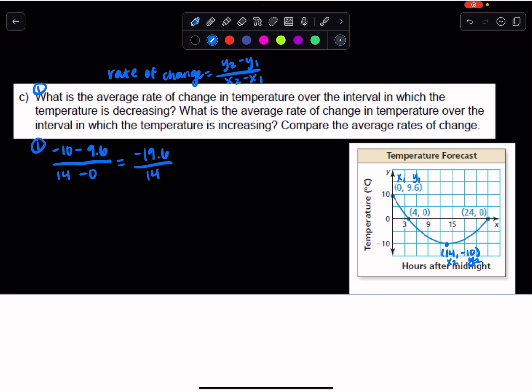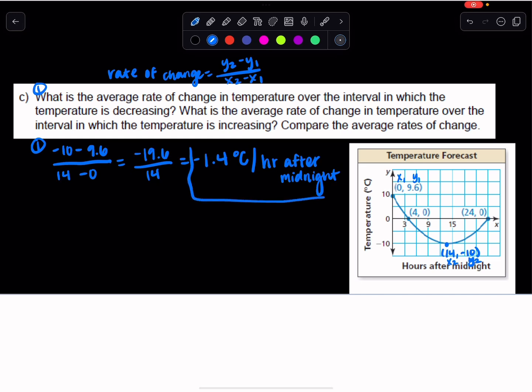So negative 19.6 divided by 14 is negative 1.4. And then we always use the unit for y over the unit for x. So degrees Celsius per hour after midnight. So that's our first answer.